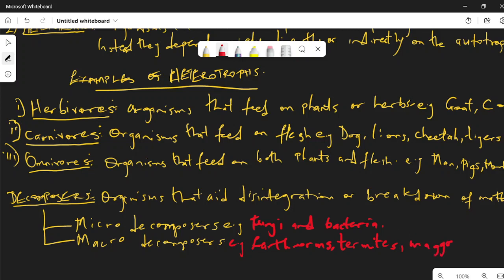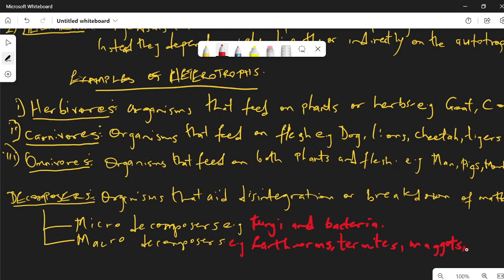Sir, is snail among? Snail, yeah, we can also call snail. We can partially refer to a snail as a macro decomposer, because it helps in this disintegration of leaves, for example.